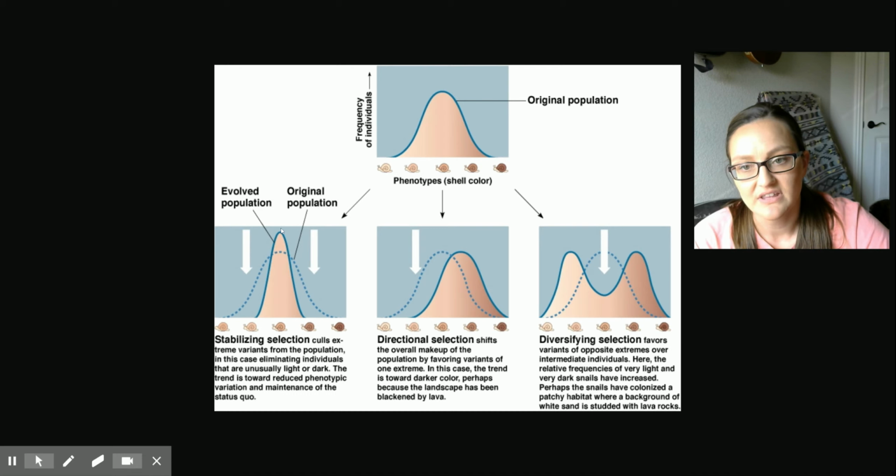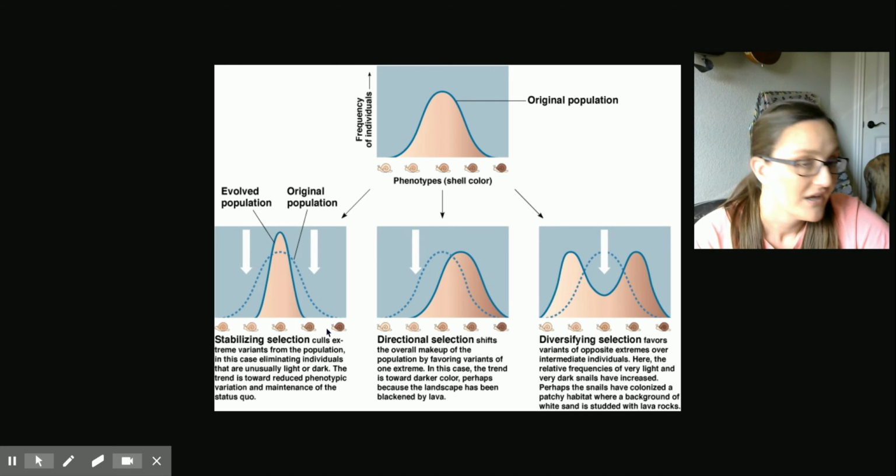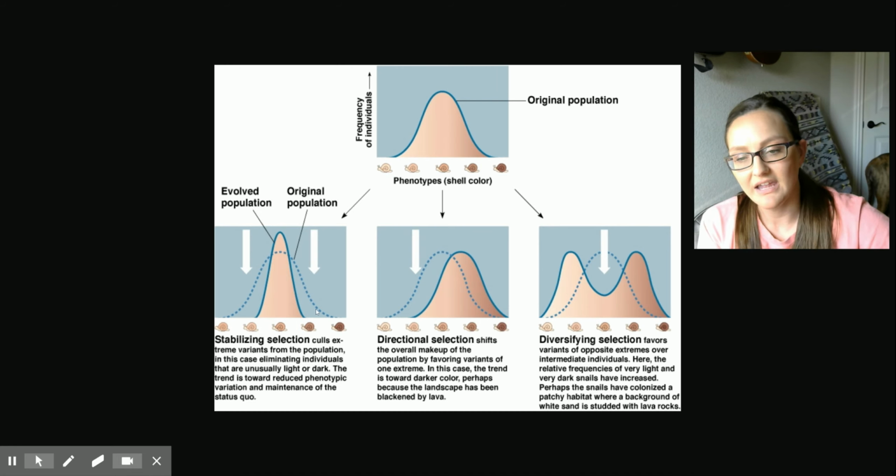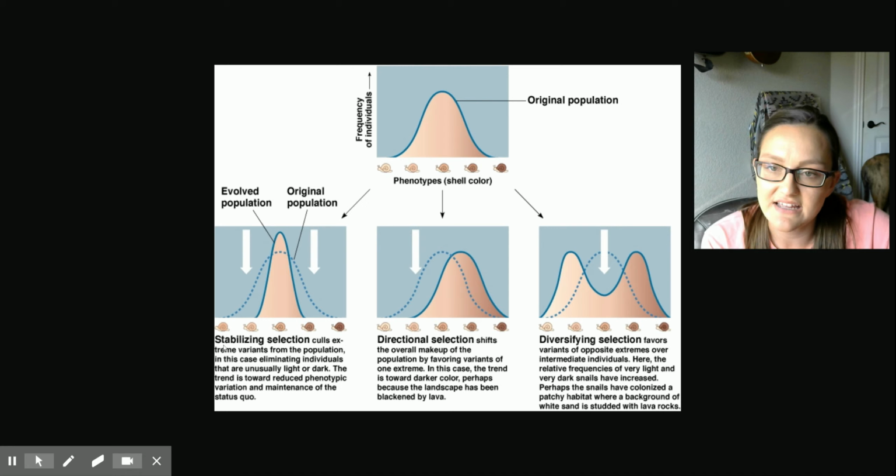Anyway, that's a selective pressure that says being average size is best. You live longer if you have an average size. So that's stabilizing selection. It culls the extremes. It gets rid of the small and it gets rid of the extra large. In this case, we're looking at the snails.